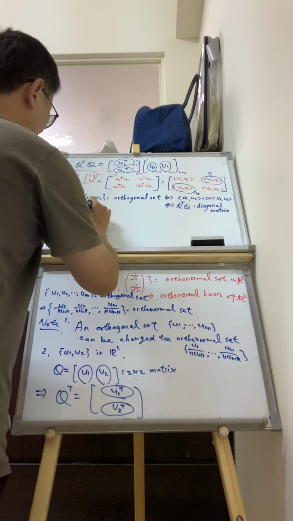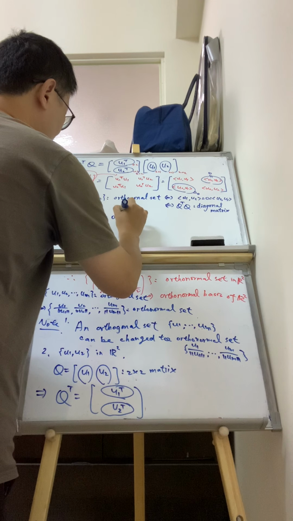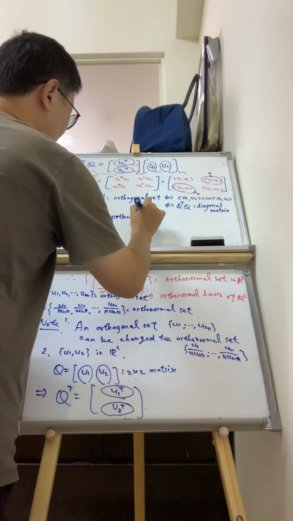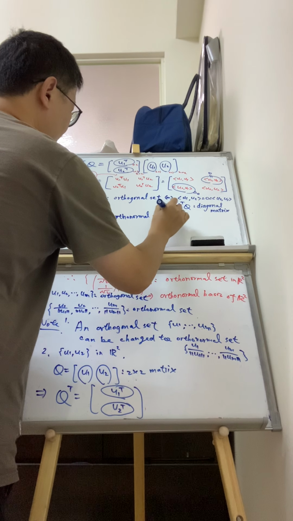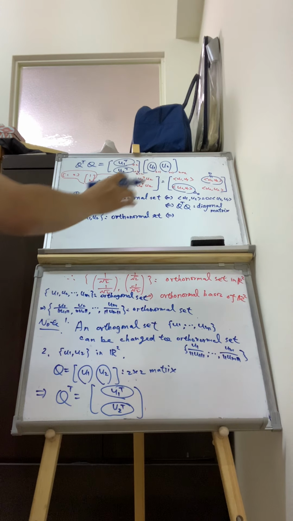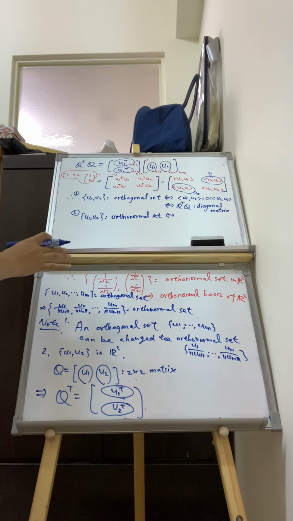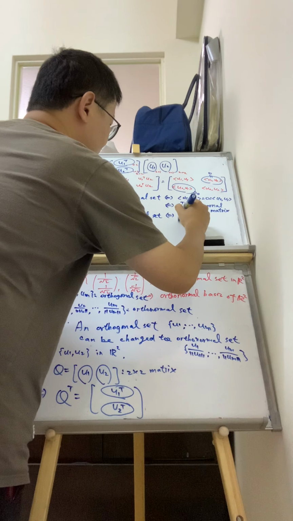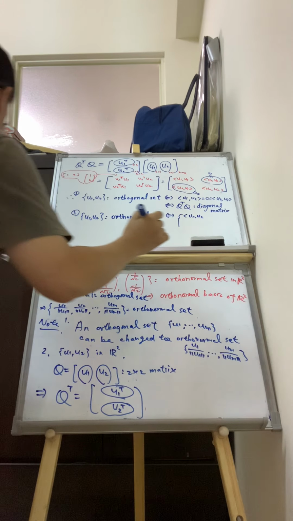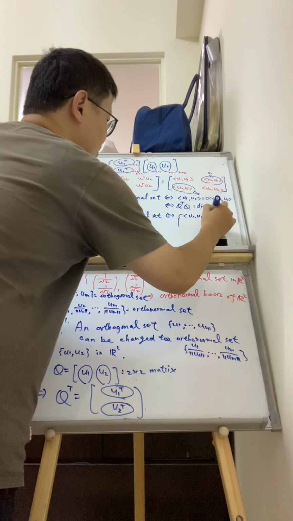And moreover, if U1, U2 are an orthonormal set, it means that it's not just an orthogonal set, all of their lengths should be 1. So here we have U1, U2 equal to U2, U1 equal to 0.